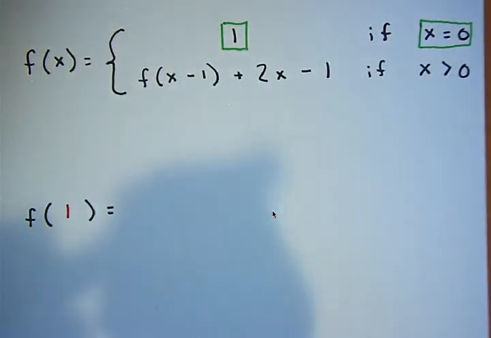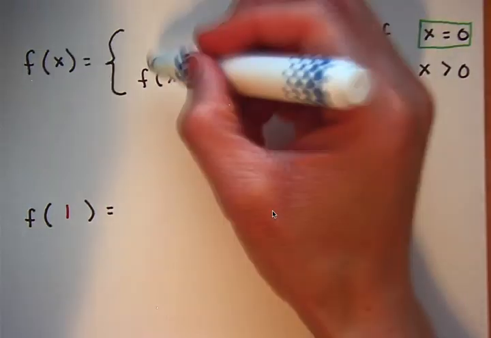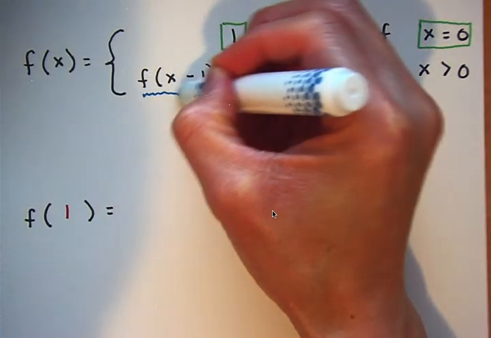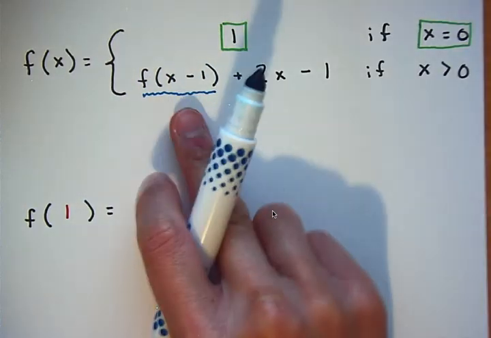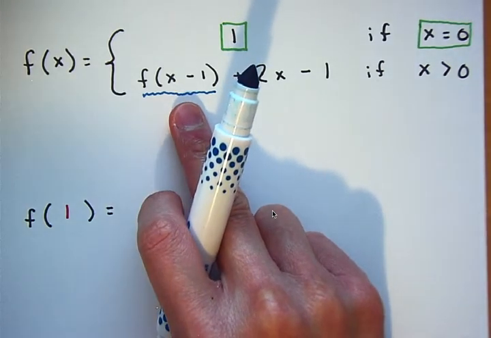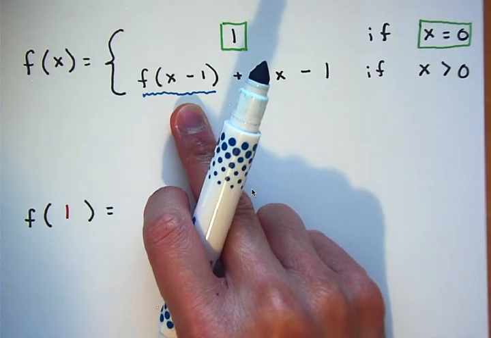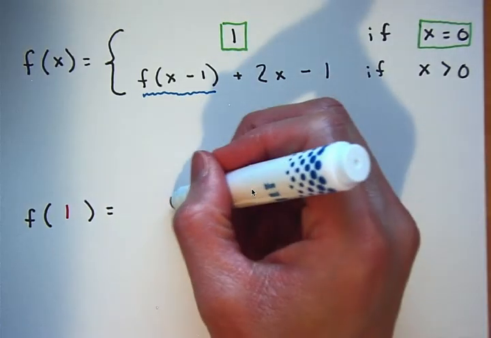Like I was saying before, one way of thinking about this piece right here, this is the previous y. So if right now I'm looking for this y right here, then that would make this one right here my previous y. So my previous y is equal to 1.